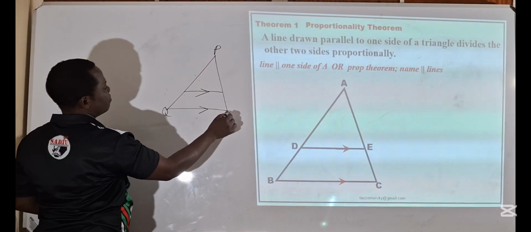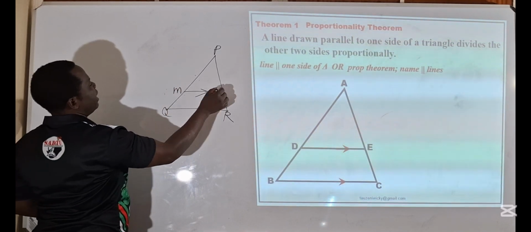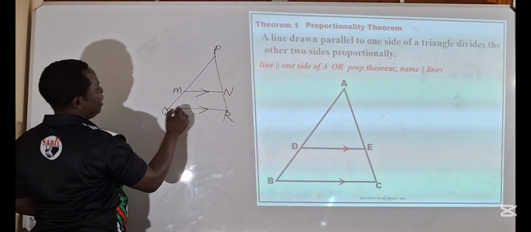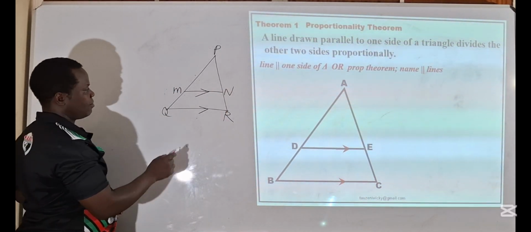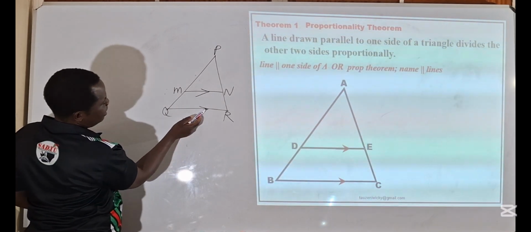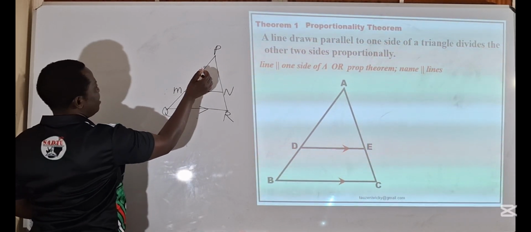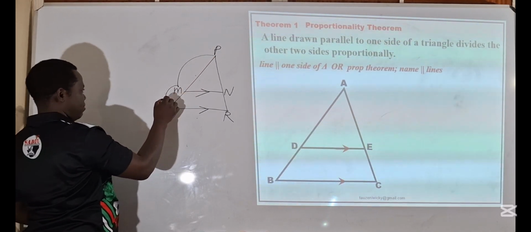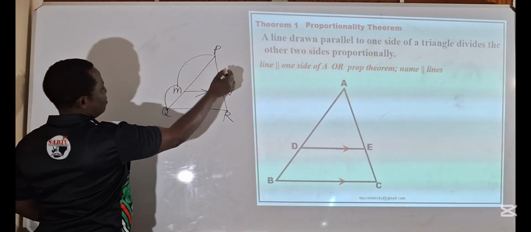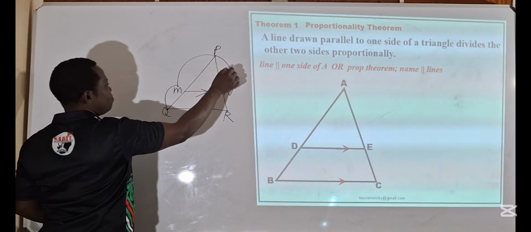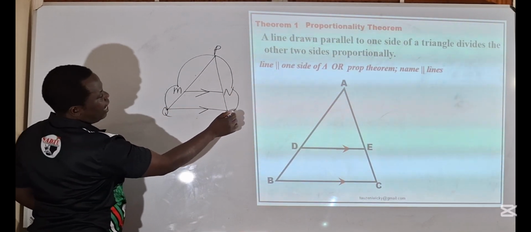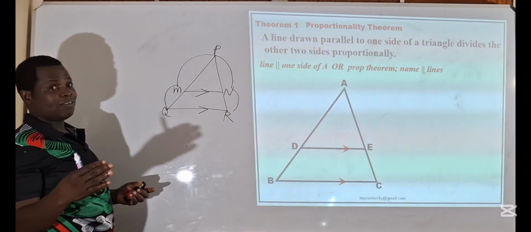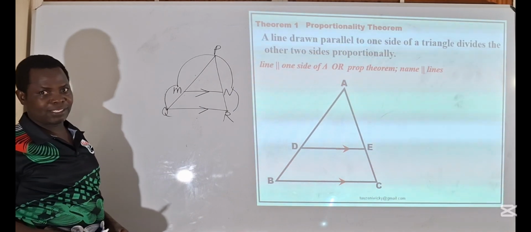Then in this triangle, we have drawn line MN, which is parallel to line QR. Now this line, which is parallel to the third side of the triangle, divides line PQ into PM and MQ, and the line on the right hand side is divided into PN and NR. That is the division that has taken place.